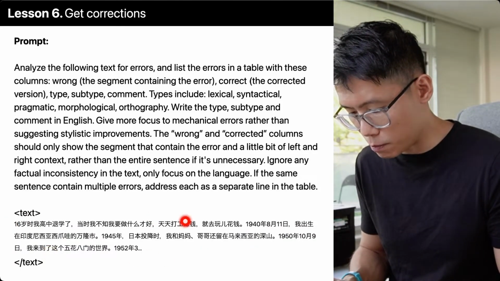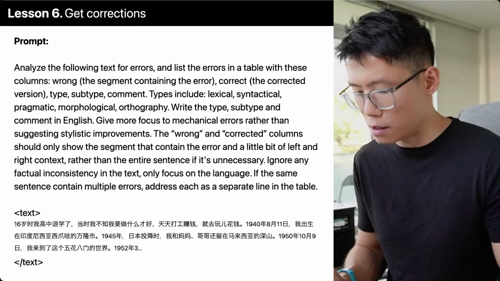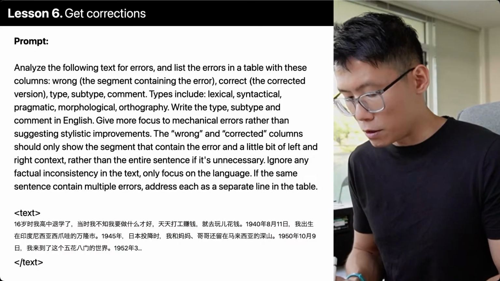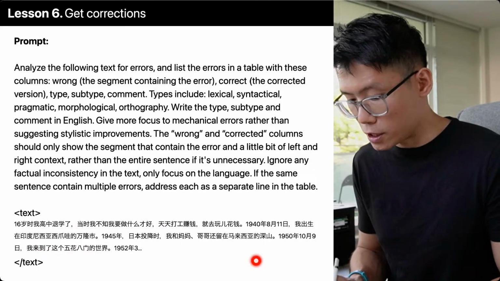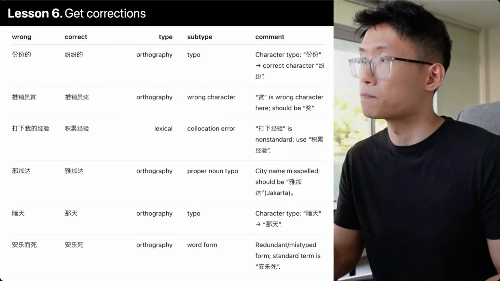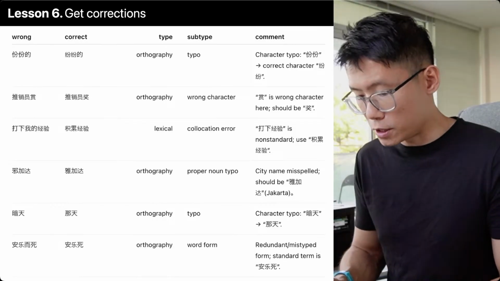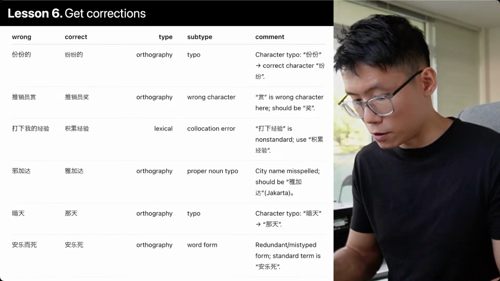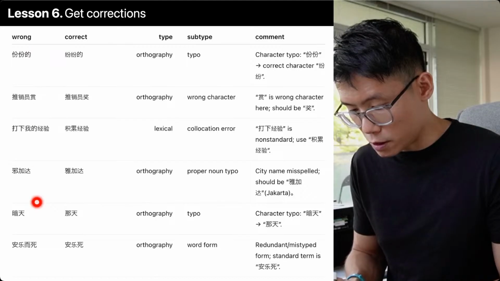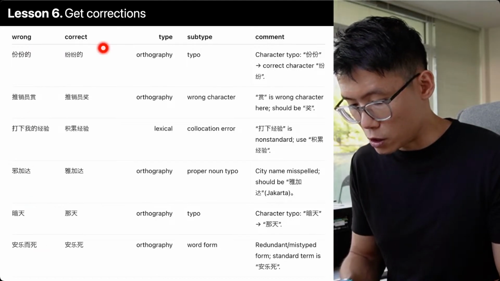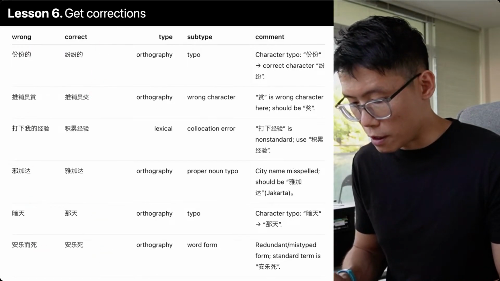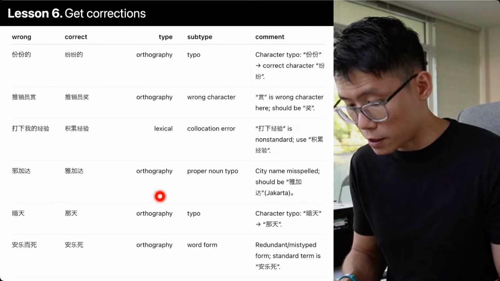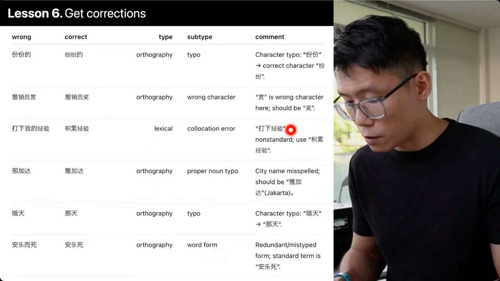So in this case, I copy pasted the text in the corpus, but you can just copy paste in your text, the text that you wrote. And after that, ChatGPT will give you this big table. First, it will show you the wrong sentences that you wrote, and then it will show you the correct forms, and then it will categorize it by type and subtype, and then it will give you a comment.